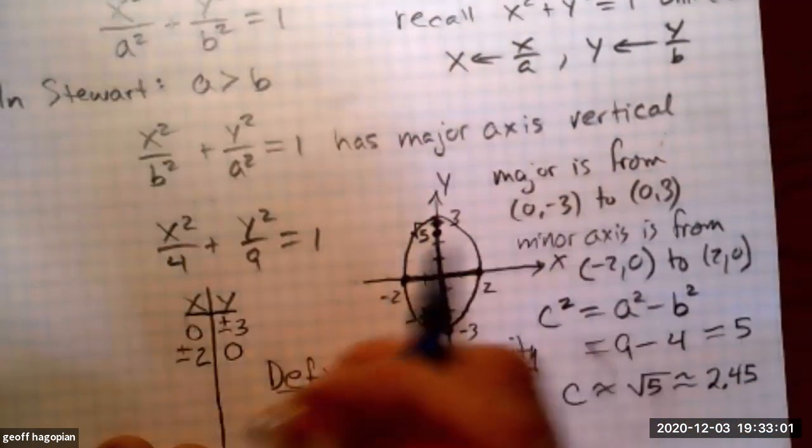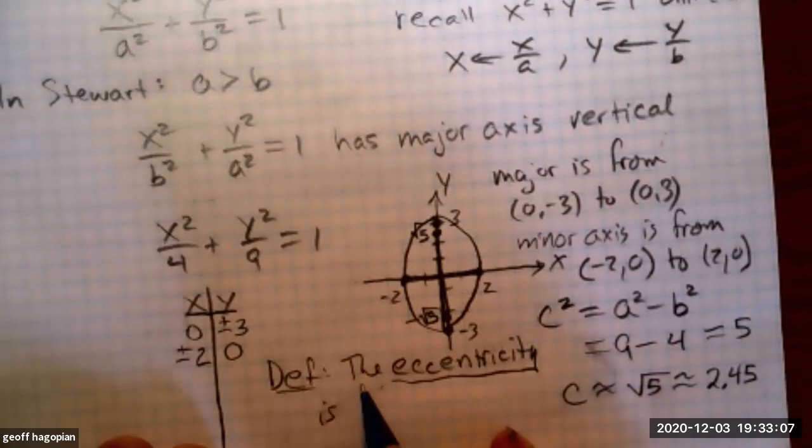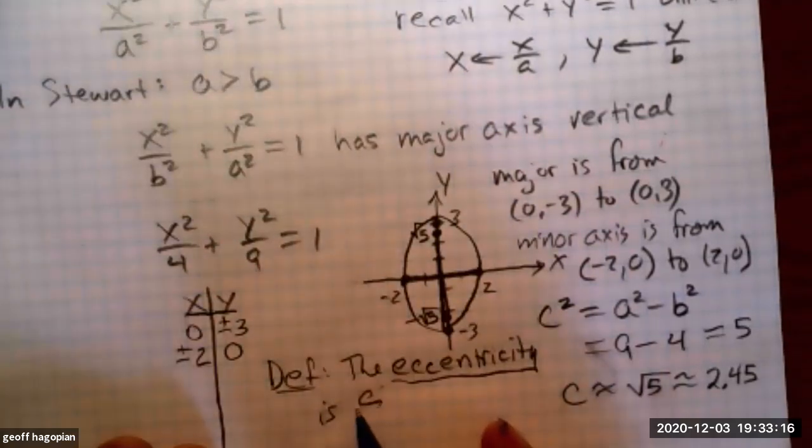The closer to 1 it is, the more eccentric it is. The closer to 0, the more circular it is, right? And it's going to be the smaller number divided by the bigger number. The bigger number is A, right? The smaller number is C, so it's C over A.